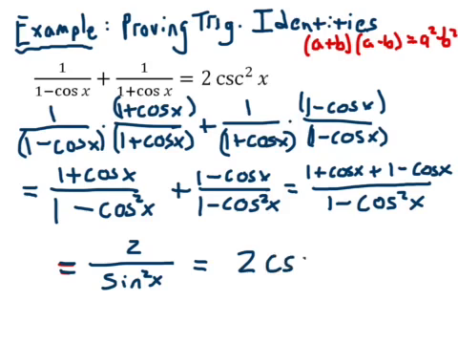We can make that jump. And there we have it. And so we've taken the first expression from the left-hand side, manipulated that expression, and we ended up with the right-hand side. And so we have proven the identity and shown it to be true.